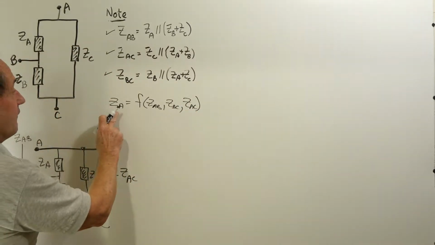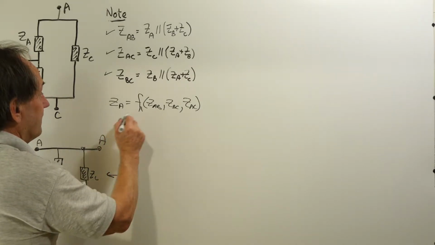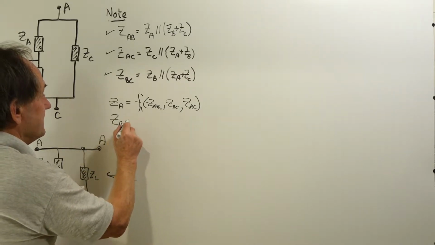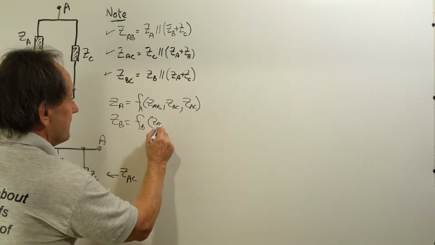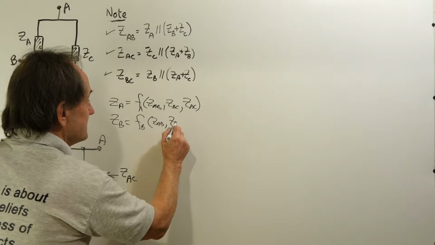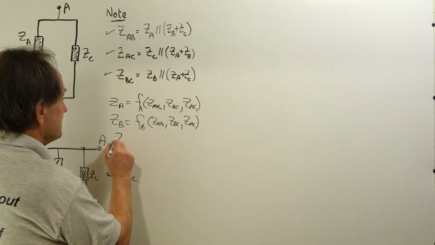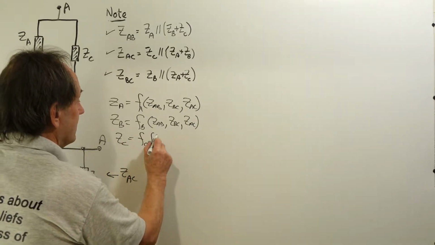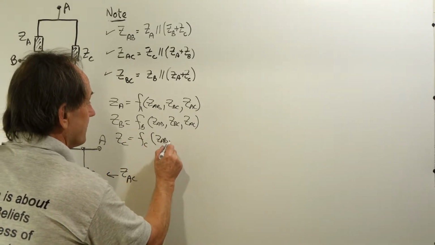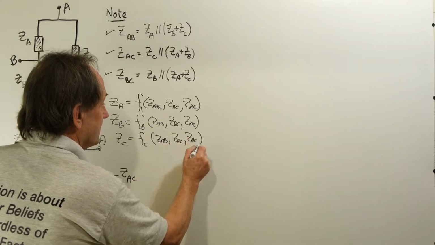We'll call that f of A. ZB then will be f of B of ZAB, ZBC, and ZAC. And ZC will be some function of ZAB, ZBC, and ZAC.